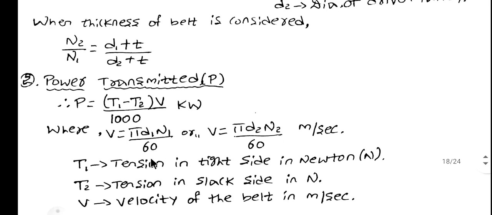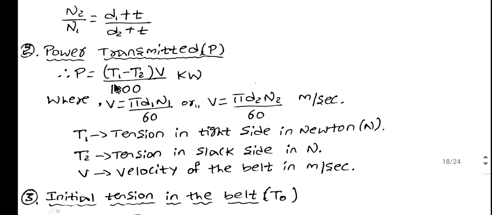Second is power transmitted. P is equal to (T1 minus T2) into v divided by 1000, where T1 is the tension in the tight side, unit is Newton. T2 is the tension in the slack side, unit is Newton. And v is the velocity of the belt, and its unit is meters per second.